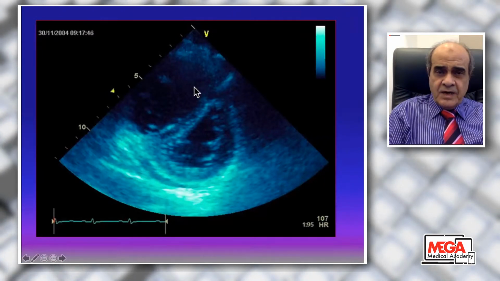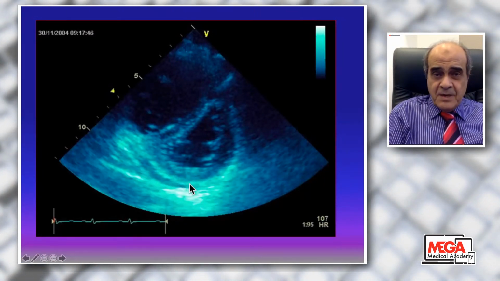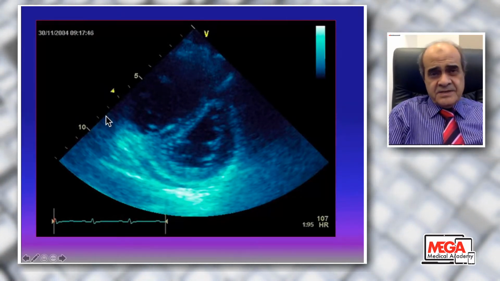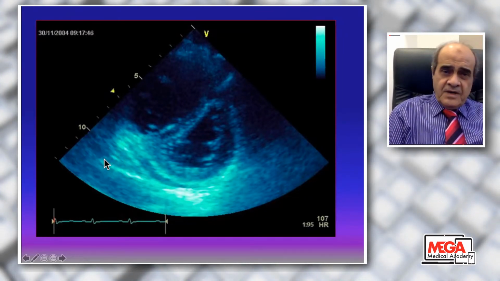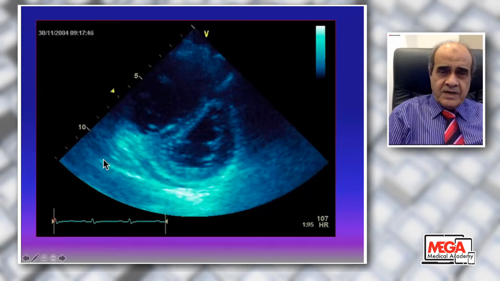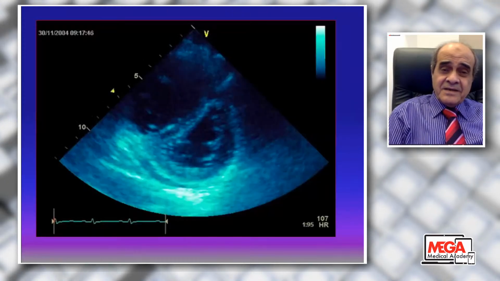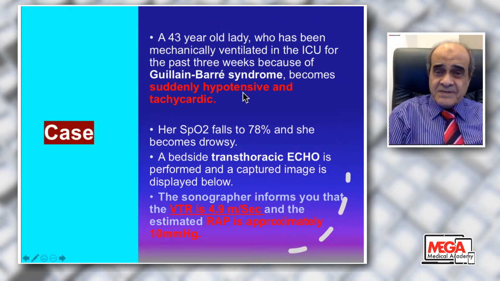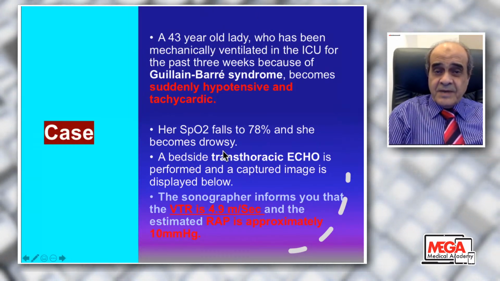This is the echocardiogram of the patient, and it declares that there is some problem in this patient. I think all of you will agree with me. This patient is suffering from some sort of cardiac compression, cardiac tamponade or pericardial effusion. And even from the clinical scenario, the patient is suddenly hypotensive and tachycardic, saturation going down, and becomes drowsy.